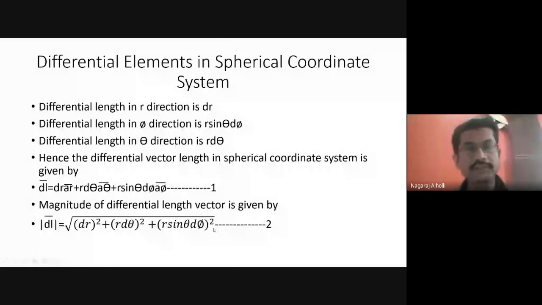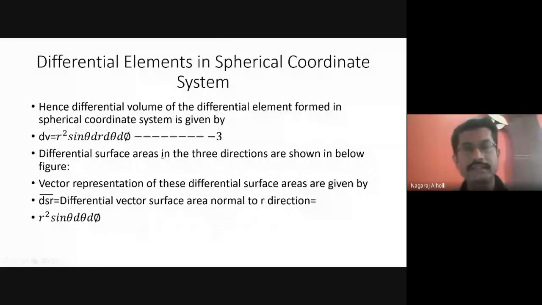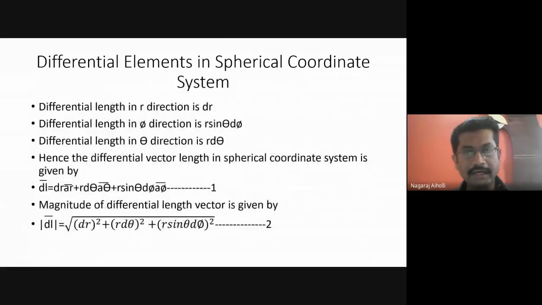What about the volume, students? The differential volume formed by these three elements is just the product of those three, as we have already done for the Cartesian and the cylindrical. That is dr into r sine theta d phi into r d theta. R into r is r squared, then we have sine theta, then dr d theta d phi.